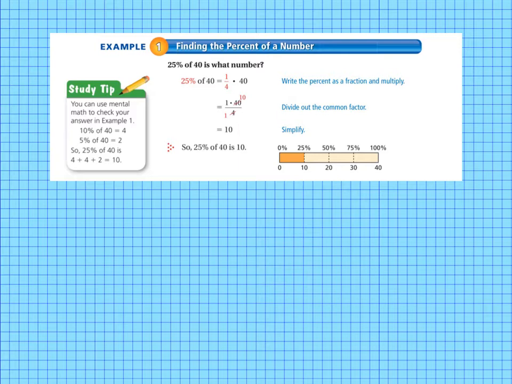All right, let's take a look at example 1, finding the percent of a number. 25% of 40 is what number? This study tip is important. It says you can use mental math to check your answer in example 1. 10% of 40 is 4. So whenever you have a number that ends in a 0, you know that 10% is just the first digit.